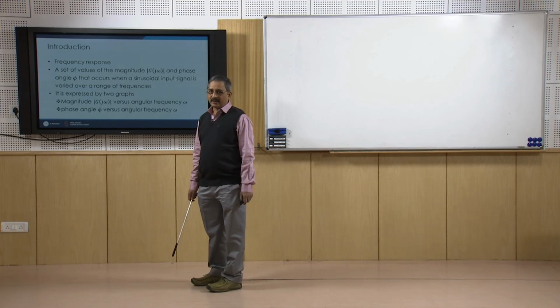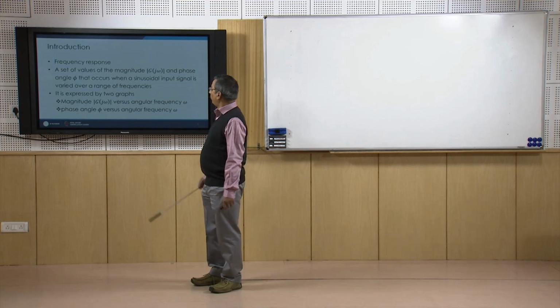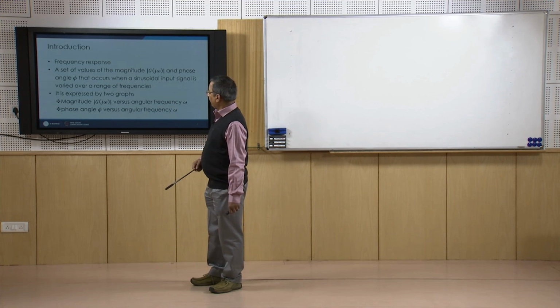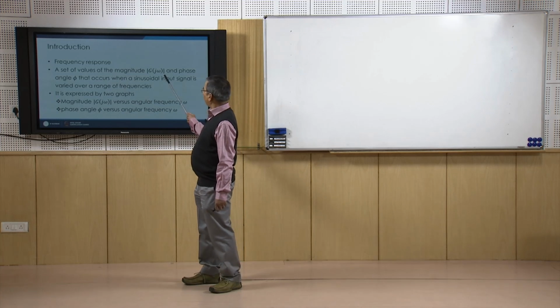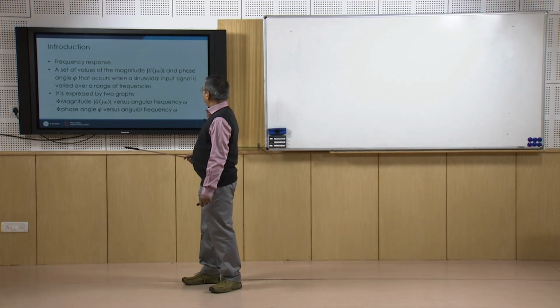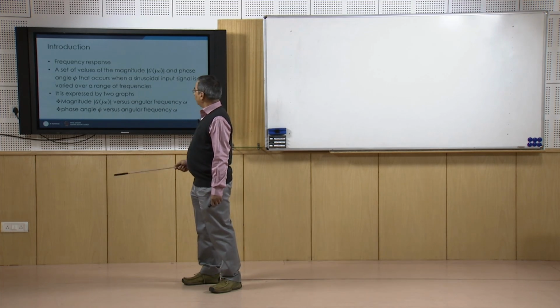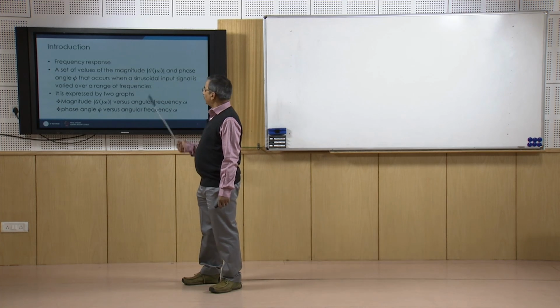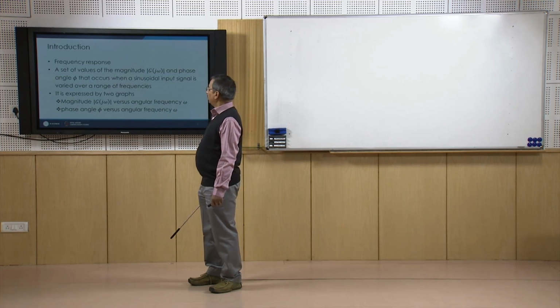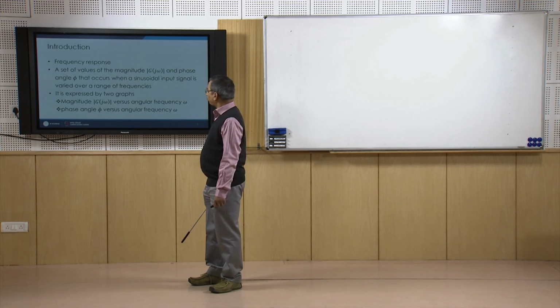So, when a sinusoidal input signal is varied over a range of frequencies, then if we plot the magnitude and the phase angle, this is what is termed as the frequency response.